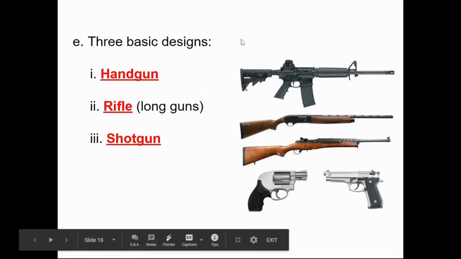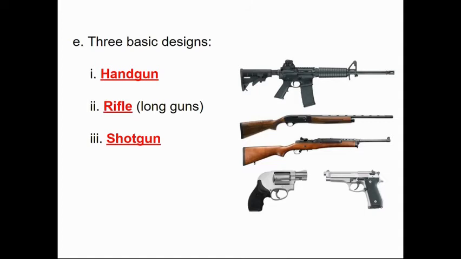So there are three basic gun designs. A handgun, which would be a pistol or a revolver, most commonly, but there are other types, such as one called a derringer. Rifle and shotgun are types of long guns. So what's the difference? A handgun, when used by the manufacturer's specifications, is meant to be fired using just your hands.